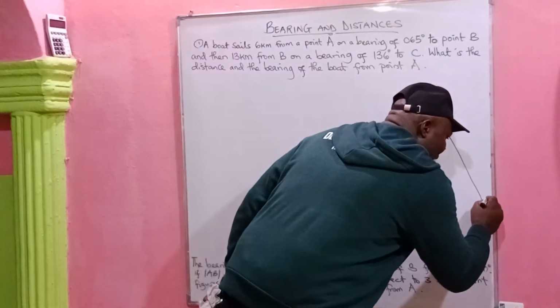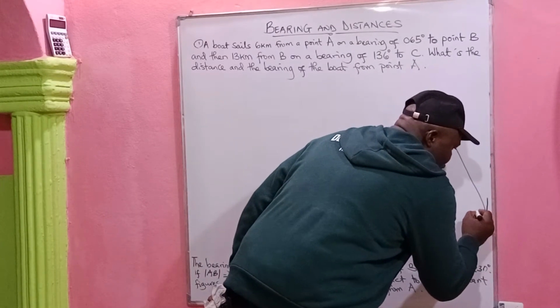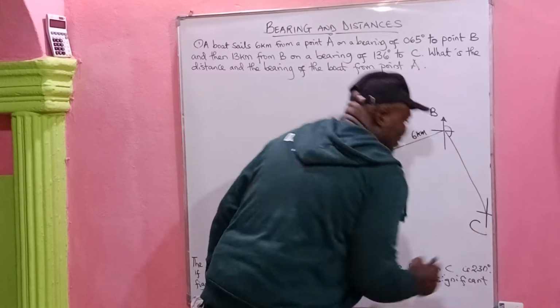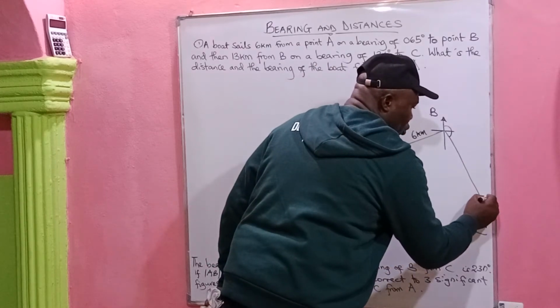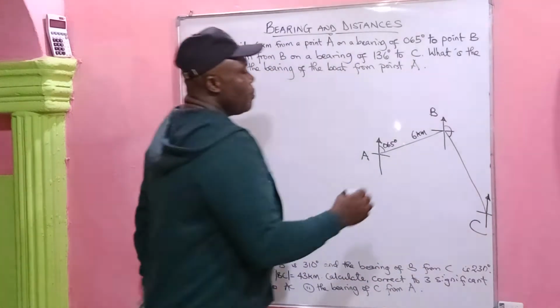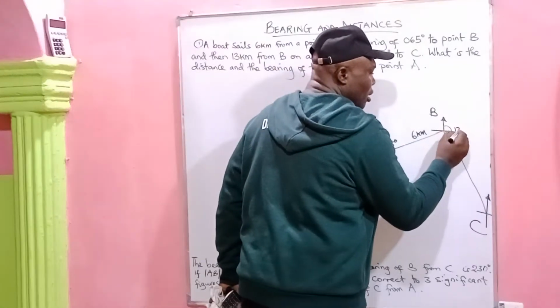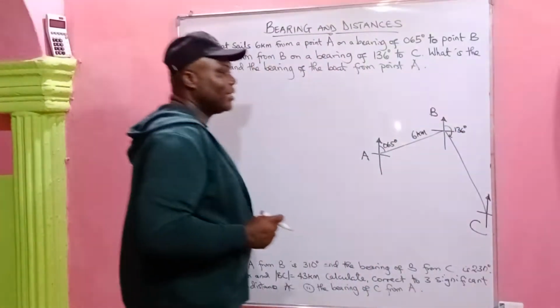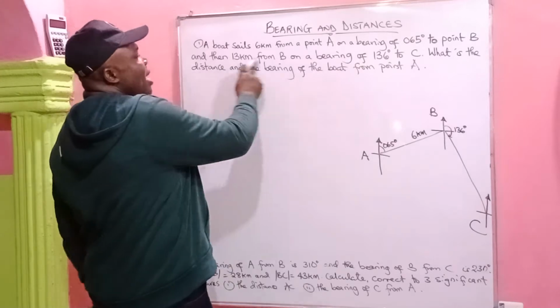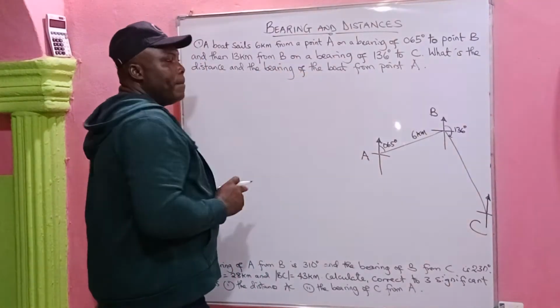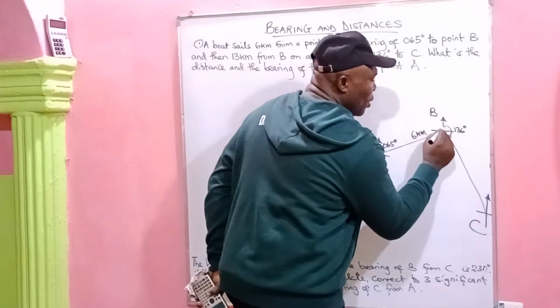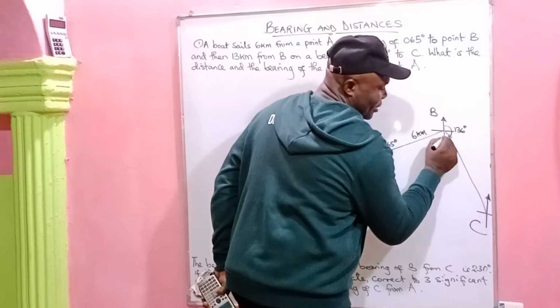So it means this is where C is. This is the northern pole. Please take note of that. From here to this point, we have 136 degrees. That's the bearing of C from B. So from B, we are running 136 degrees this way.